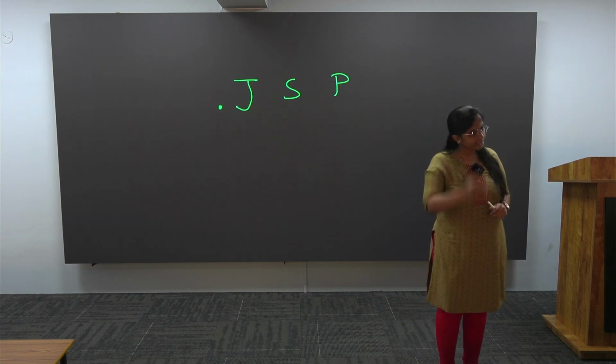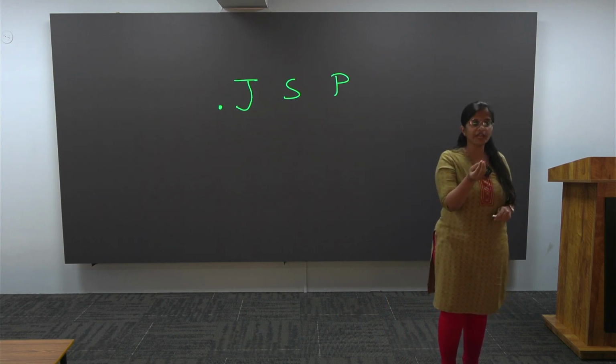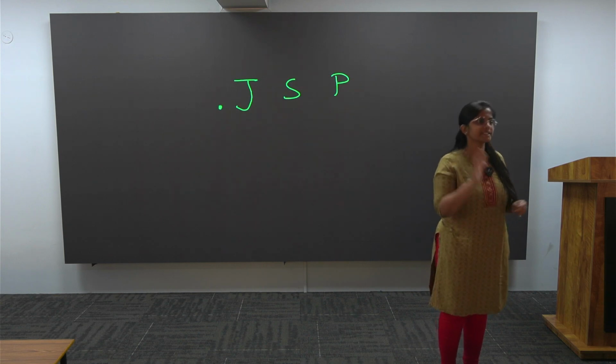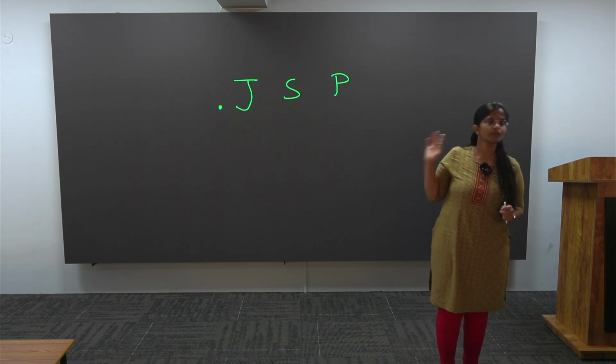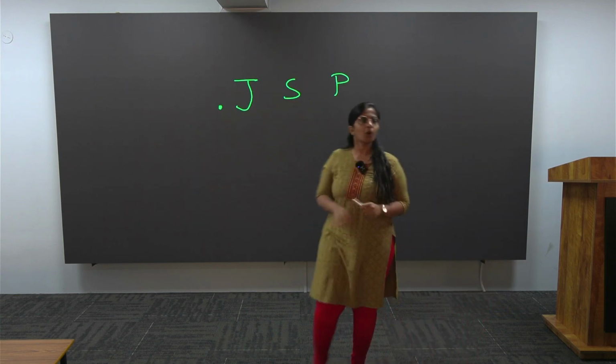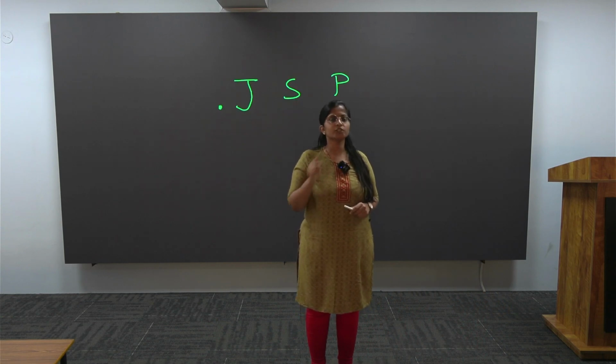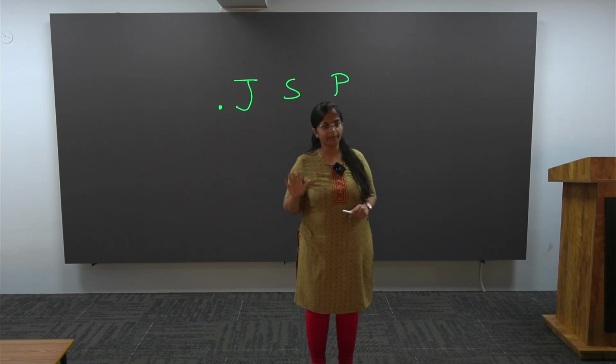Everything is static, only one piece of content is going to be dynamic. Means only a small amount of dynamic content is there in the whole static page. That is when you can make use of JSP. Means your static page is ready, and for that small amount of dynamic content you want to add, in these situations you can use JSP pages.